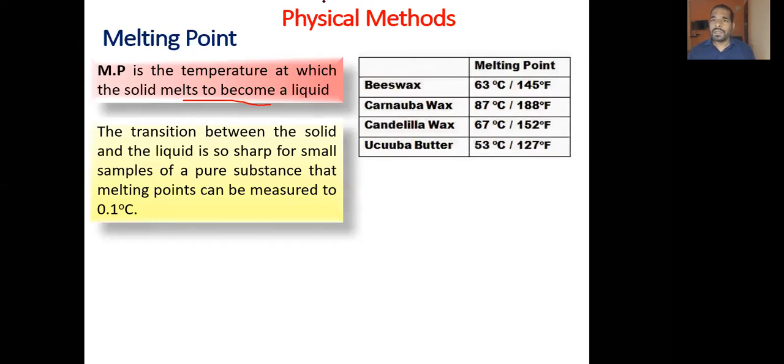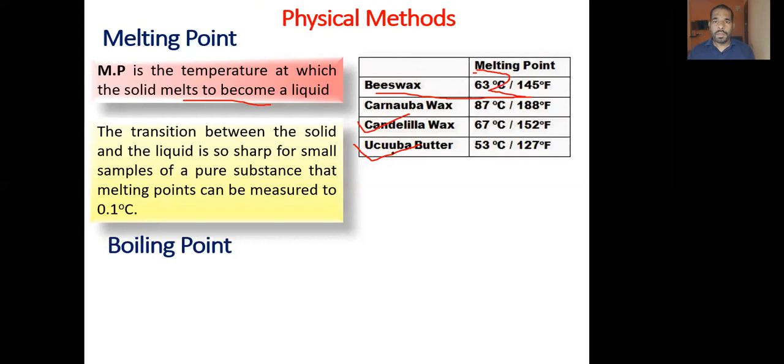A few examples are mentioned here, like beeswax at 63 degrees centigrade, carnauba wax, candelilla wax, ucuuba butter, etc. These melting points are constant and will help us in the determination of the structure.